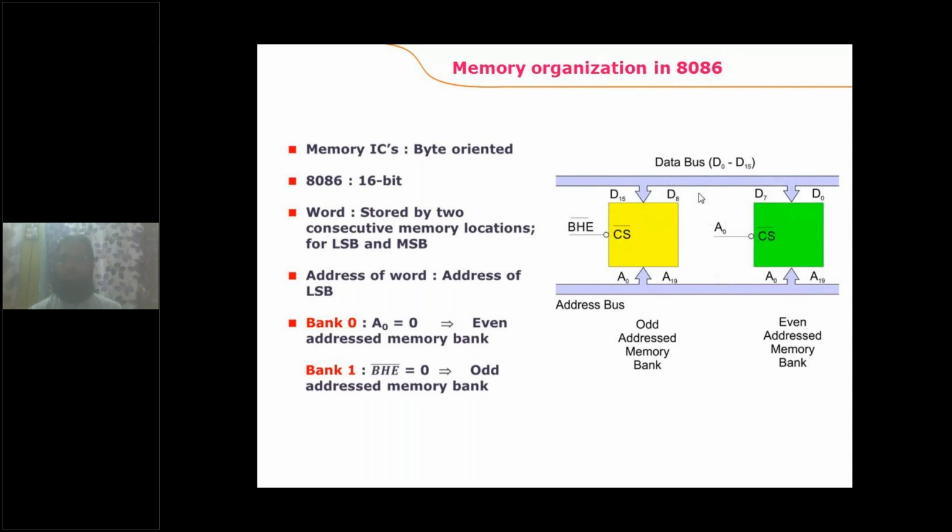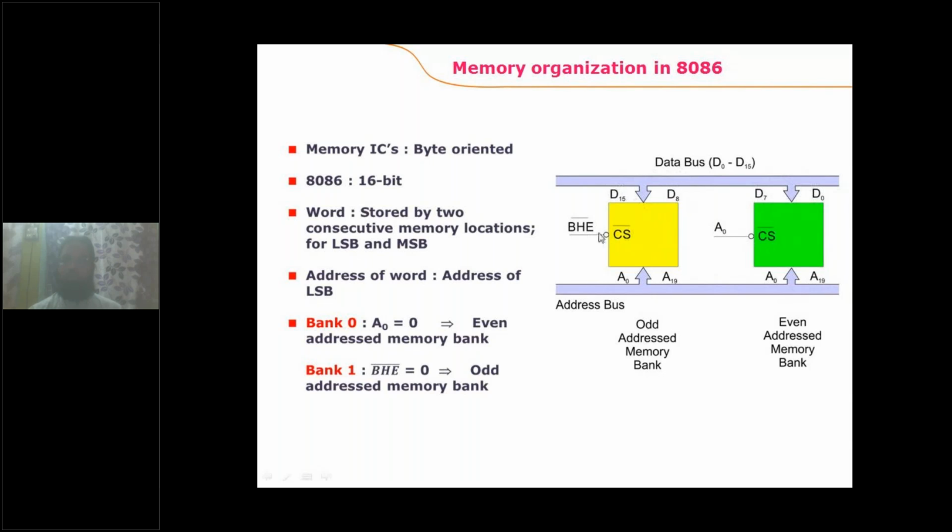So that's why the 16-bit data bus is split into two parts: lower order data bus and higher order data bus. Lower order data bus is used to access the data at the even bank, and higher order data bus is used to access the data at the odd bank, and these are the signals which are used to enable these.